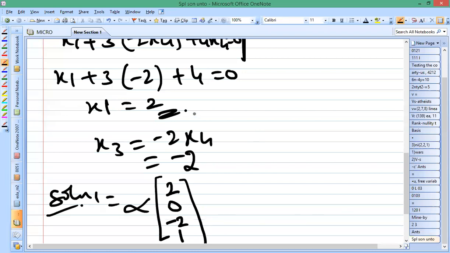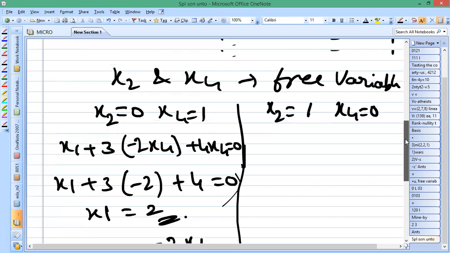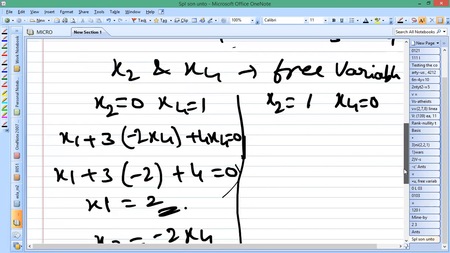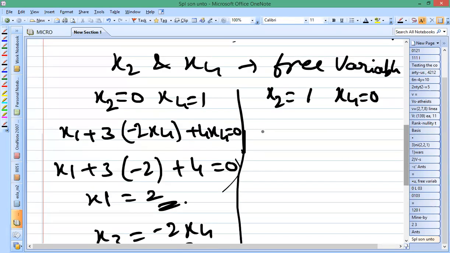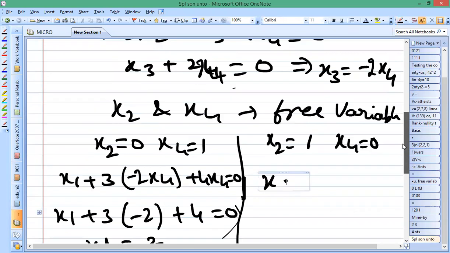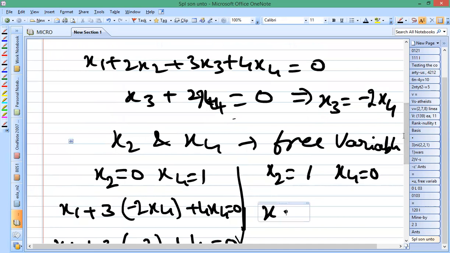Similarly, for the same equations, change the variable values to x2 as 1 and x4 as 0. If you substitute x2 and x4 with these values 1 and 0, x1 will result in minus 2, and x3, which is equal to minus 2x4, is nothing but 0.